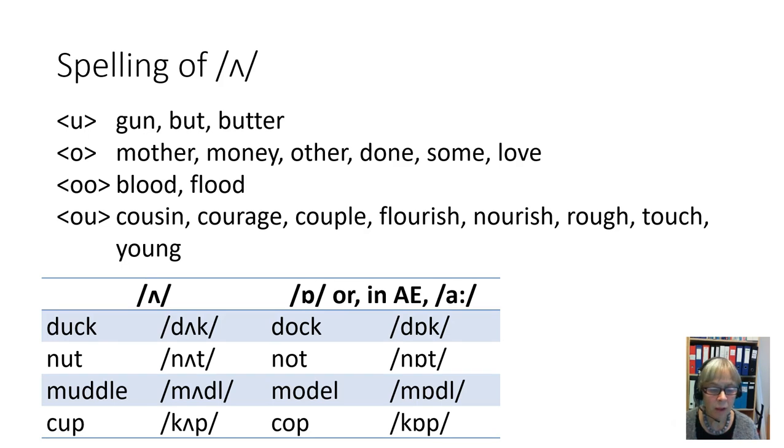Notice the difference between the short u and the short o. Now we're talking about British English. Duck, dock, nut, not, muddle, model, cup, cop. However, speakers of American English would go like this: duck, dark, nut, not, muddle, model, cup, cop.